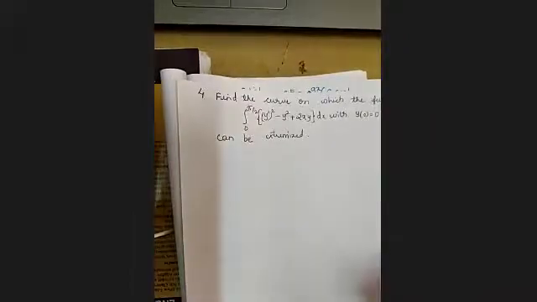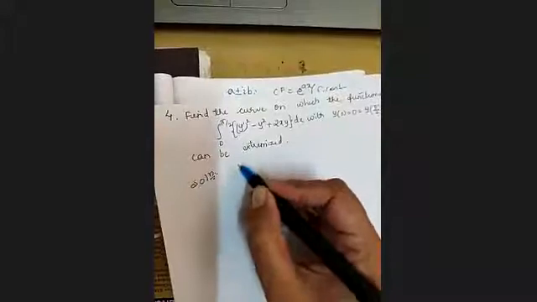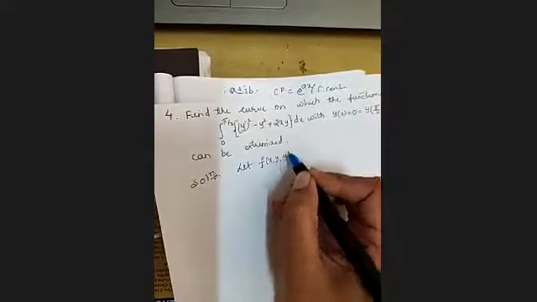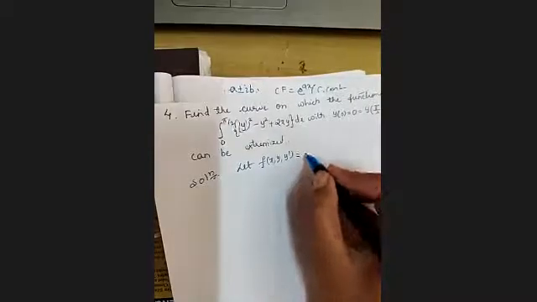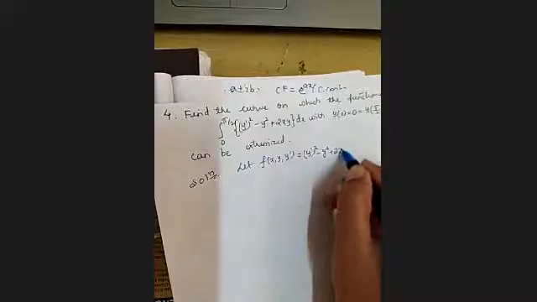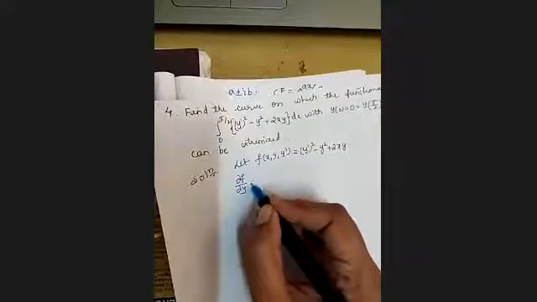So let f of x, y, y dash be equal to y dash square minus y square plus 2xy. So differentiate this with respect to y partially.